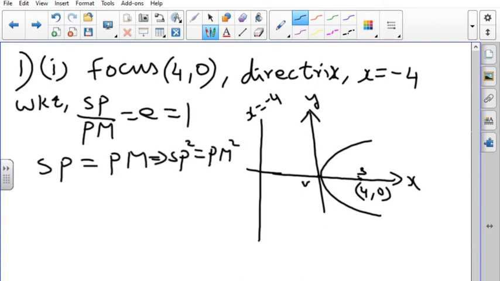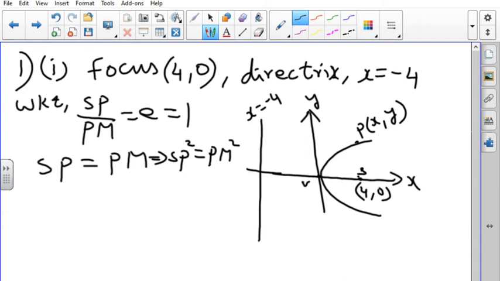P is the point (x, y) on the parabola and S is the focus. SP is the distance between the 2 points (x, y) and (4, 0). So what is SP square?